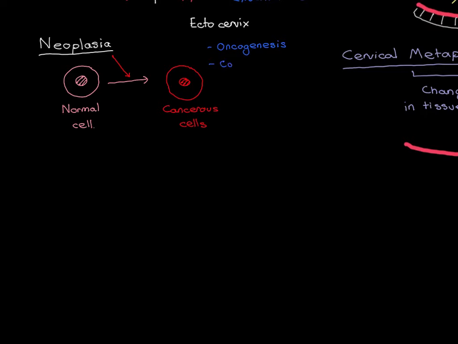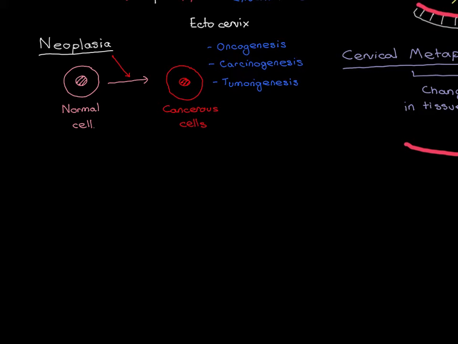We also have carcinogenesis, again carcino means pertaining to cancer, and genesis means to create, so again this means the creation of cancer. And then there is also tumorigenesis. Tumori of course means pertaining to a tumour, and this means to create a tumour.